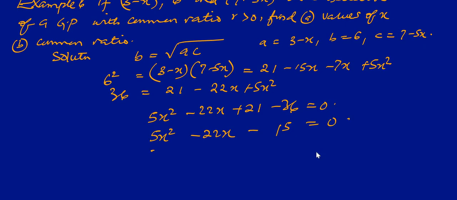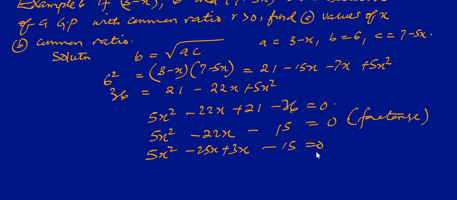Let's factorize: 5x squared minus 25x plus 3x minus 15 is equal to 0. Look for two numbers that add together to give minus 22 and multiply together to give minus 75. So this will be 5x bracket x minus 5, plus 3 bracket x minus 5, is equal to 0.